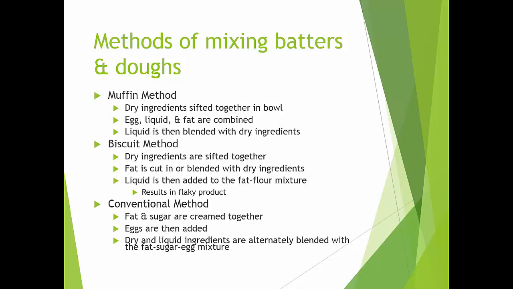The fat is cut in or blended with the dry ingredients, which makes it different than the muffin method. And then liquid is added to the fat and flour mixture, and it results in a much more flaky product. And finally, the conventional method is where fat and sugar are creamed together, eggs are then added, and then the dry and liquid ingredients are alternately blended in with the fat, sugar, and egg mixture.